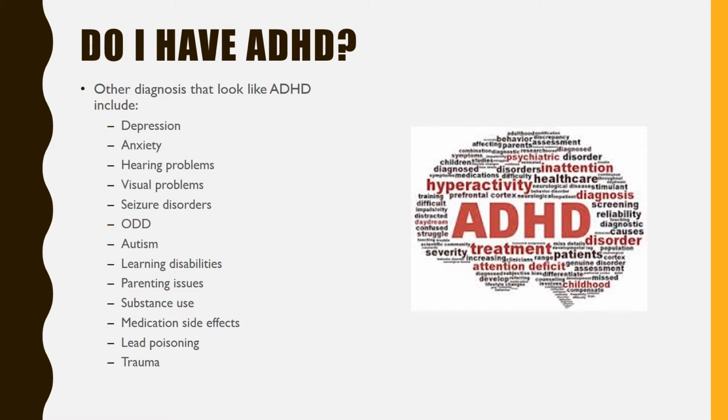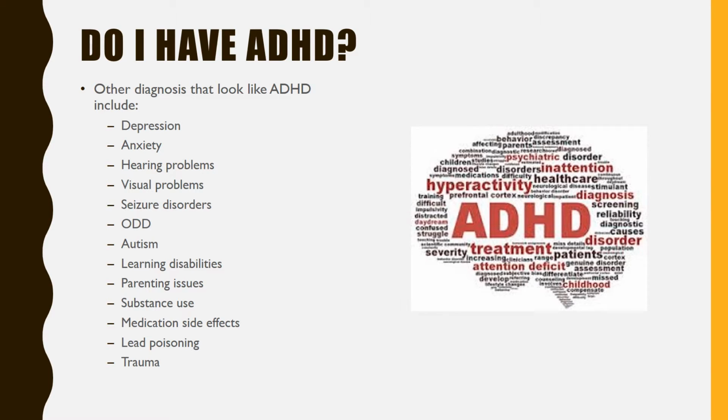The thing with ADHD is that it looks like a lot of other diagnoses, especially in children who don't have the ability yet to say, I feel this way, I feel anxious, I feel sad. Developmentally, they're not there. So other diagnoses that look like ADHD can include depression, anxiety, hearing problems, visual problems, seizure disorders, oppositional defiant disorder, autism, learning disabilities.